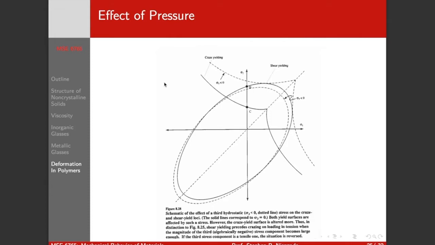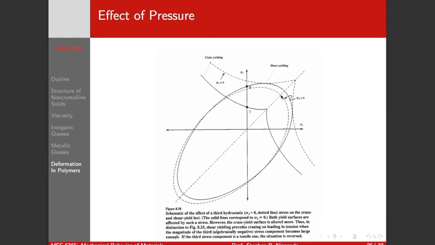Well, remember the hydrostatic pressure is the trace of our stress divided by 3. So if we add a negative sigma 3 component to it, we're reducing the hydrostatic pressure on our sample. If we reduce the hydrostatic pressure, it's going to create more free volume and make shear banding easier.